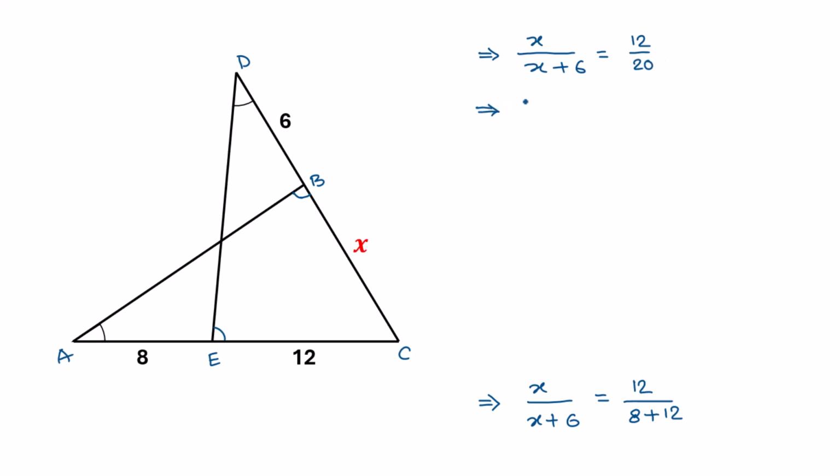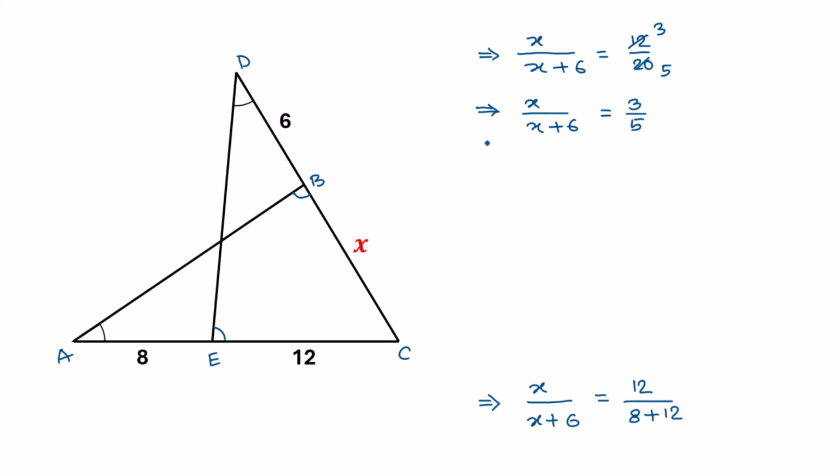Simplifying 12 over 20, this 4 is common, so it will remain 3 and here 5. So right side is 3 over 5.